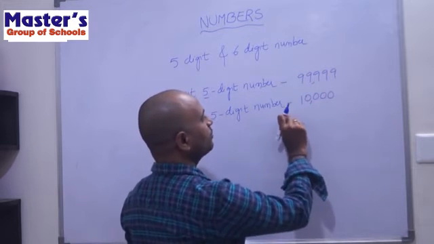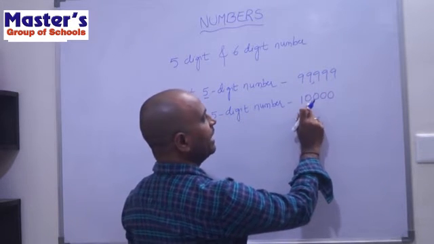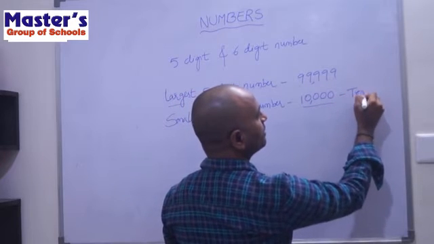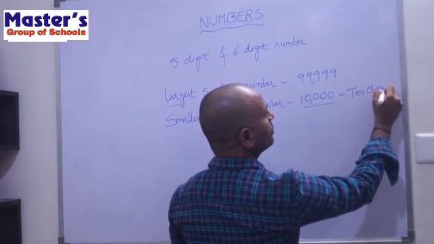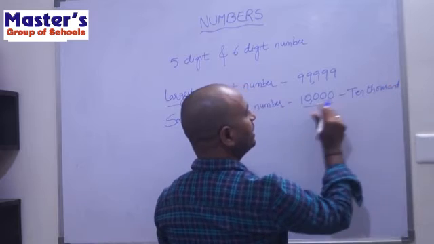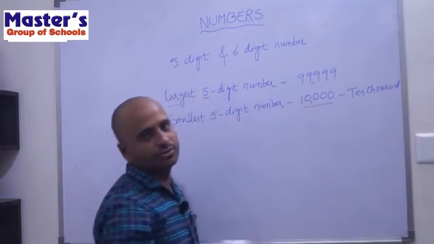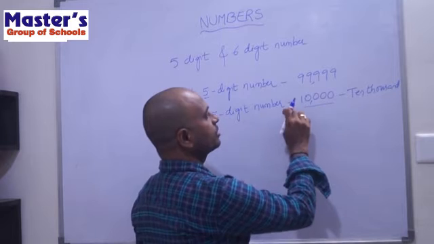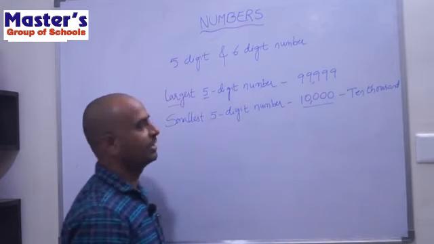Then we get the smallest 5-digit number, and it can be read as 10,000. So in 10,000 we have 4 zeros, and it is the smallest 5-digit number.